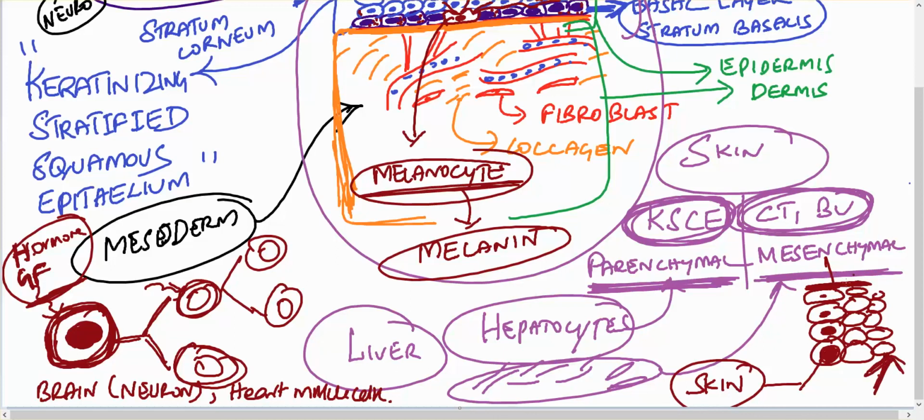This should be in balance, that is called homeostasis, understand. If the cells are not dying and only new cells are coming, then it will end up in cancer, understand.